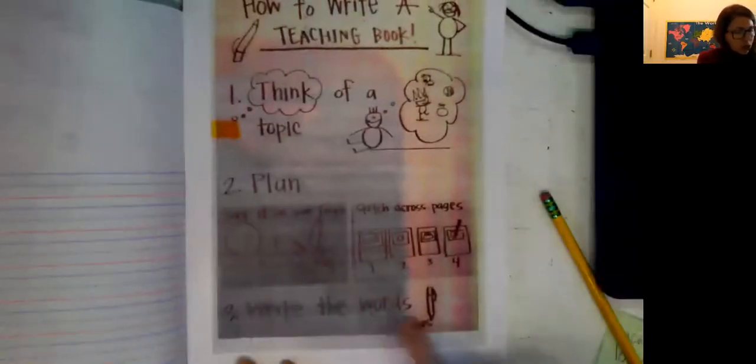Okay. I've drawn my sketches of all the things that are important about owning a dog. And now I'm going to do the last thing, which is writing the words. So I'm literally going to pick up my pencil.